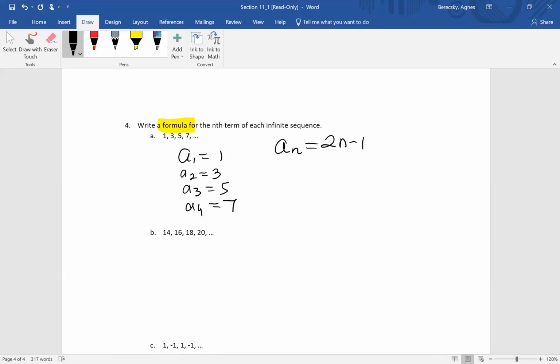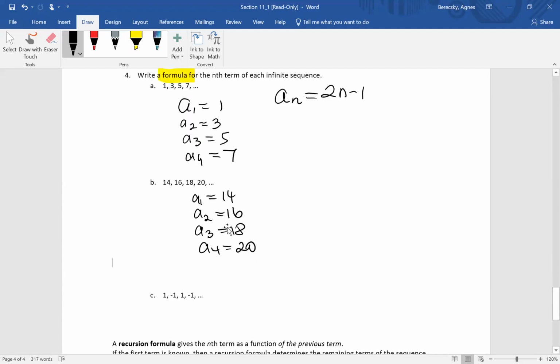Our next rule: four terms are given. The first is 14. The second is 16. The third is 18. And the fourth is 20. This time we see some sort of a pattern which might be a little more challenging to find.